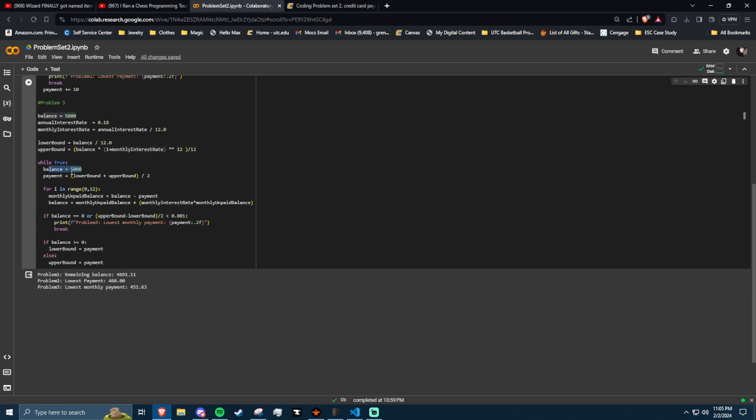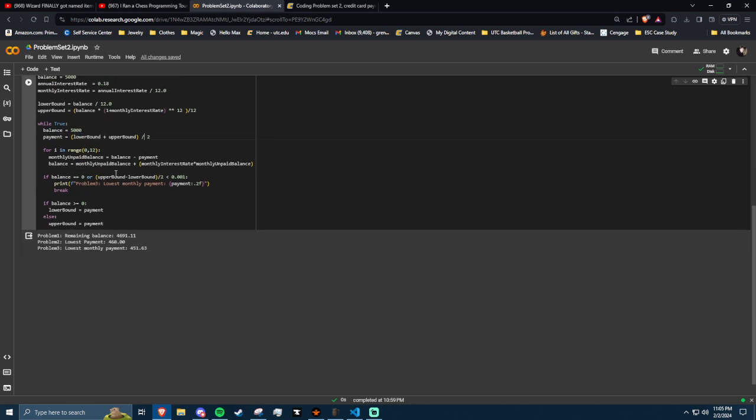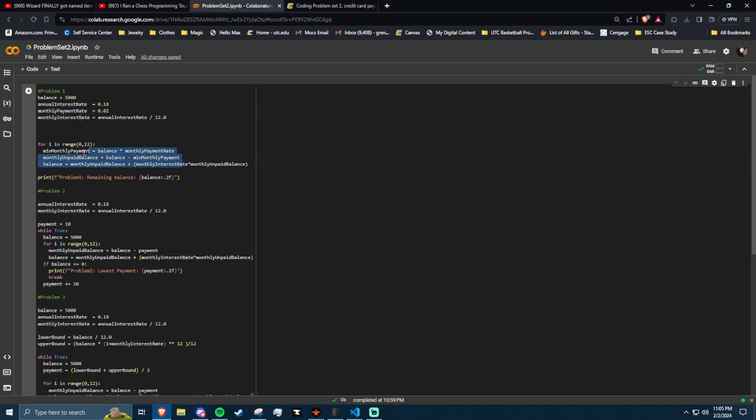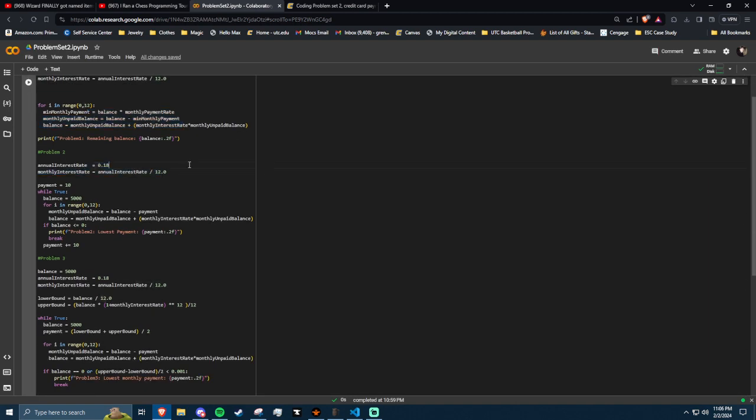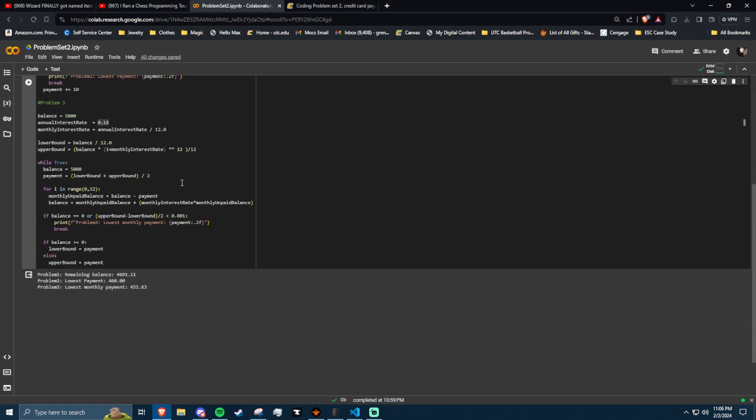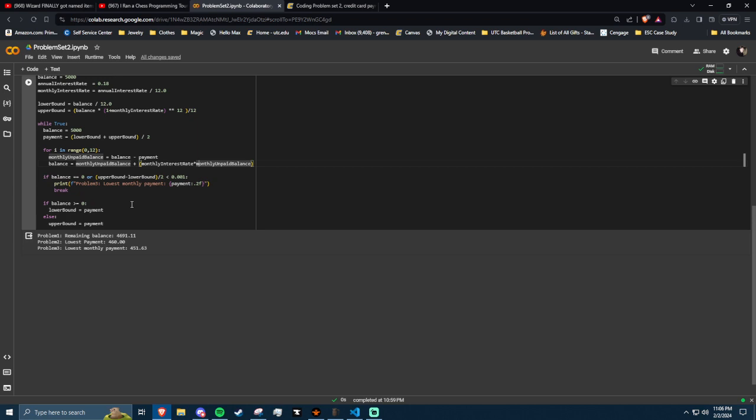And then we're going to have our balance again at 5,000. The payment's going to be the lower bound plus the upper bound divided by 2. And now it's the same kind of thing we had going on up here, but it is just going to get your monthly unpaid balance by subtracting the payment, and then of course add the interest on top.